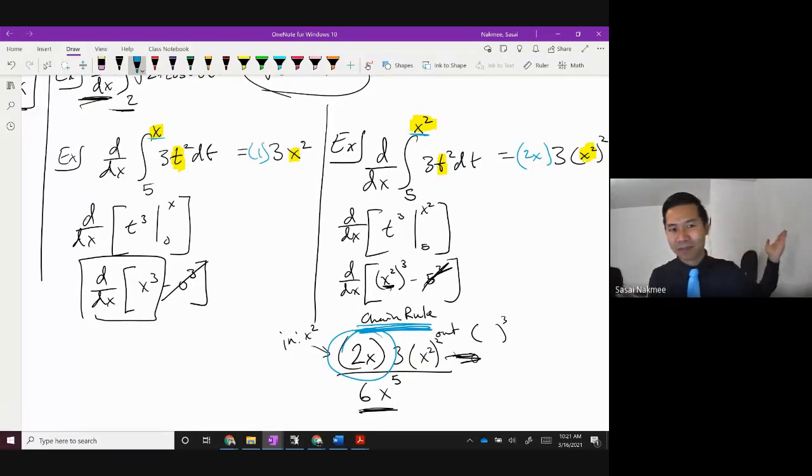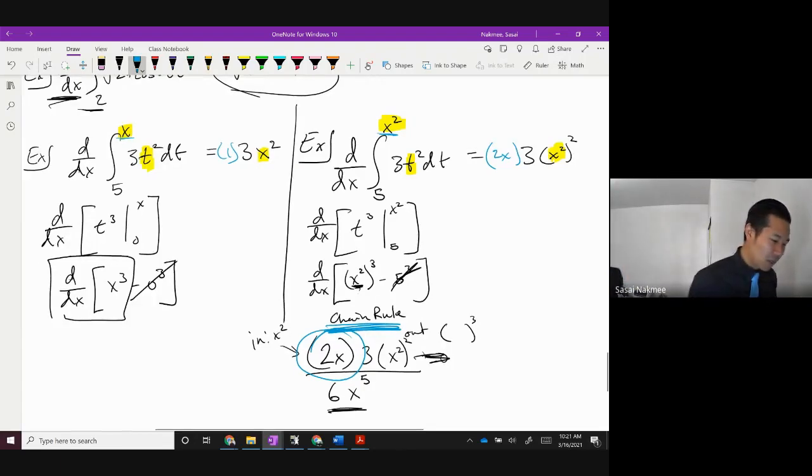And we actually put that there. I mean, technically, I was supposed to teach you that first, but we kind of just went with a shortcut for when it's just x in the integral, right? But now that I show you that those functions are not just x's by themselves, we need to chain rule that thing and multiply it with the derivative of the antiderivative. So you still get this, by the way.